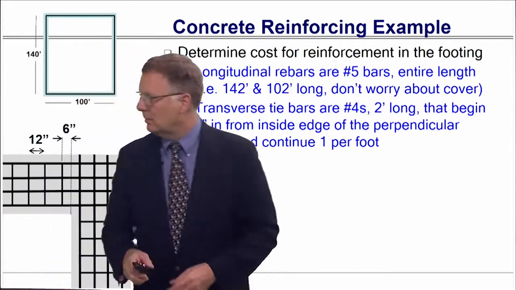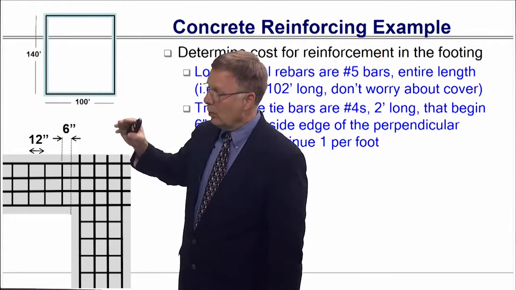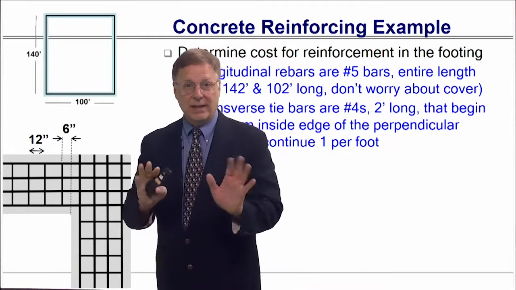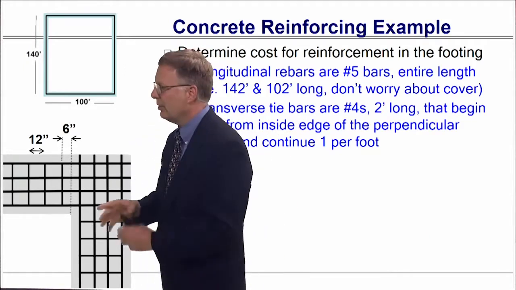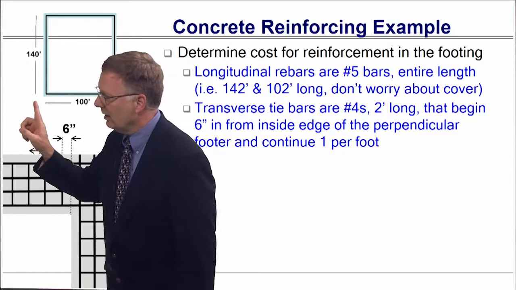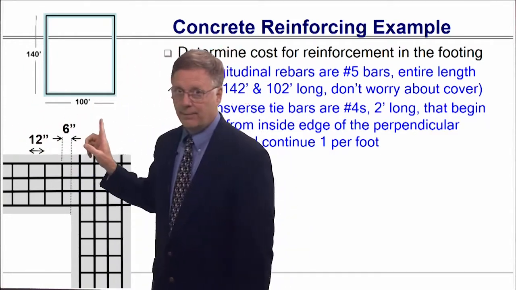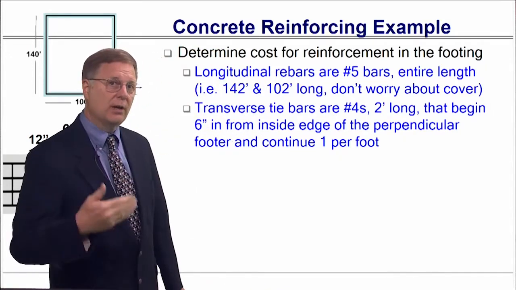So we know the entire length of the footing in this direction, all the way to the outside edge, is 142 feet. If that doesn't make sense to you, go back a couple of slides and watch where we talk about how we come up with the geometry. And the entire length of this one from the outside is 102 feet. So we know that those bars are running 142 and 102.